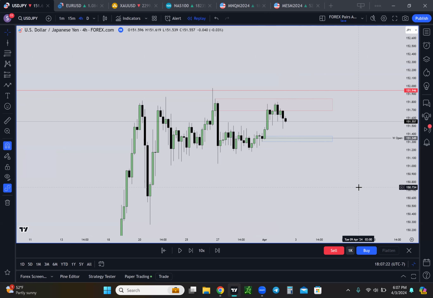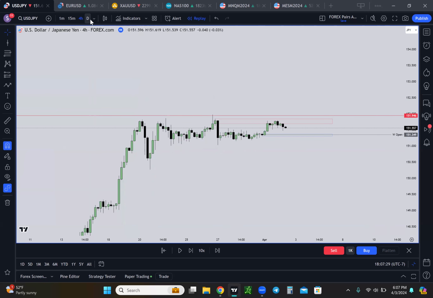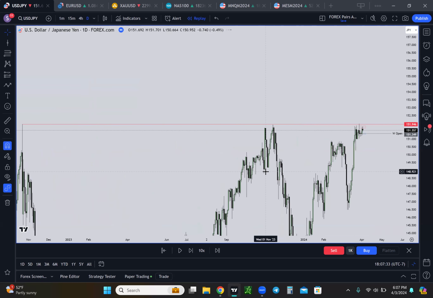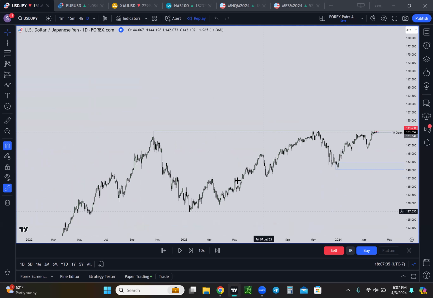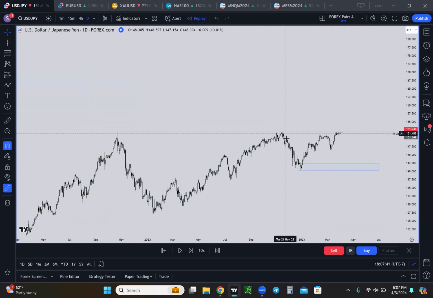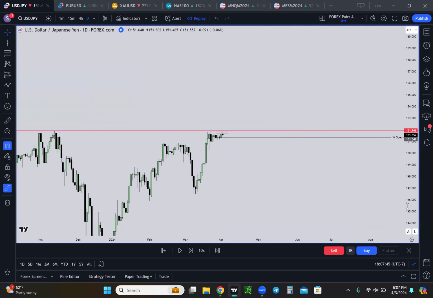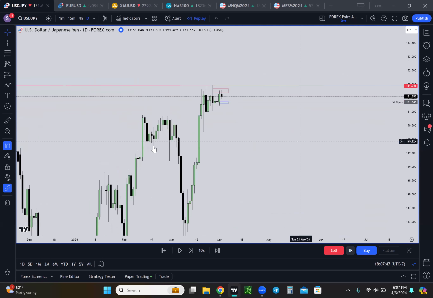This drop right here that you see is not a Bank of Japan intervention. A Bank of Japan intervention looks more like this drop right here. This big drop, that's BOJ intervention, okay? And this is BOJ intervention here. So that's what I mean: when the BOJ intervenes, it really pushes it down a lot. I think there was some intervention back here which caused that drop, but obviously that was short-lived.